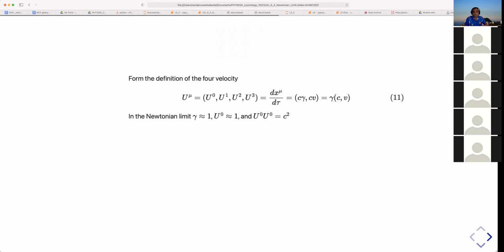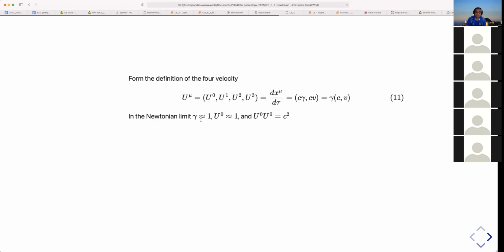Now for the Newtonian limit, the advantage that we have is we know that the gamma will be roughly equal to 1, because we are considering low speeds, right? Remember this gamma factor in the special theory of relativity is equal to 1 over the square root of 1 minus v squared over c squared, right? And that factor will become 1 if we consider non-relativistic speed, right?